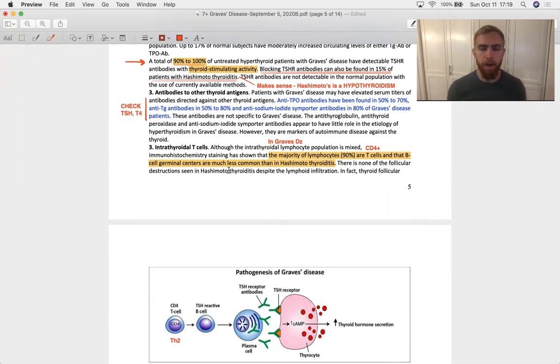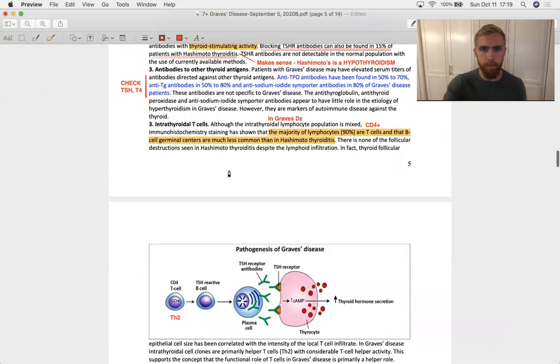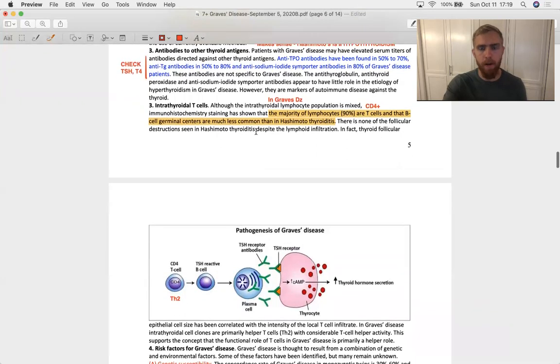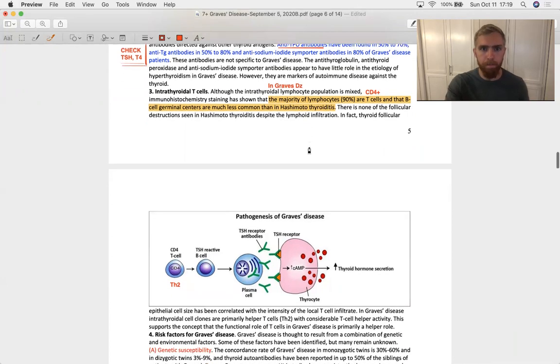And there's much overlap in the pathology of thyroid autoimmunities, but most TPO antibodies tend to be from Graves', just like most anti-thyroglobulin antibodies tend to be found in Hashimoto's patients. And for your purposes, getting told the antibody in the question stem is the cherry on top because TSH and T4 are really going to make the diagnosis for you.